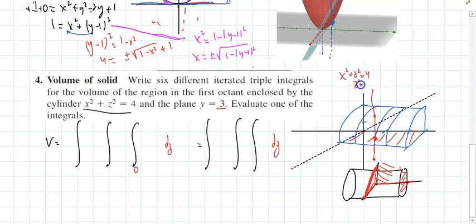So z squared equal 4 minus x squared, and z will equal, it should be plus or minus, but since you are in the first octant, this is z equal the square root of 4 minus x squared.